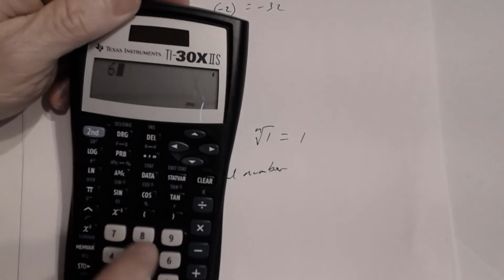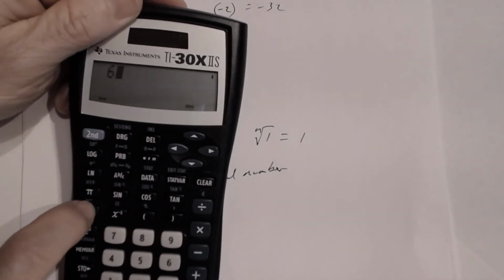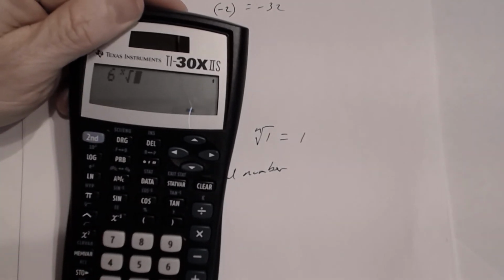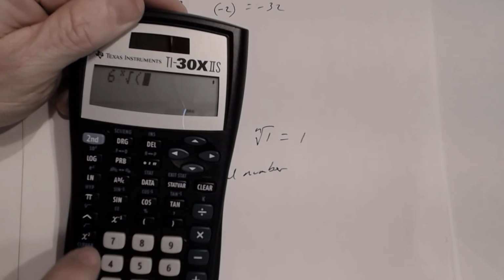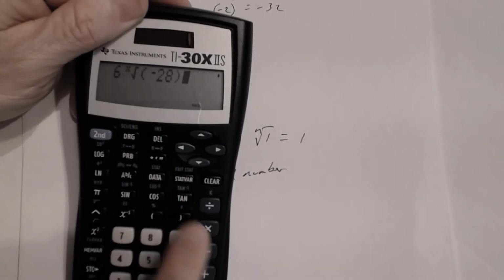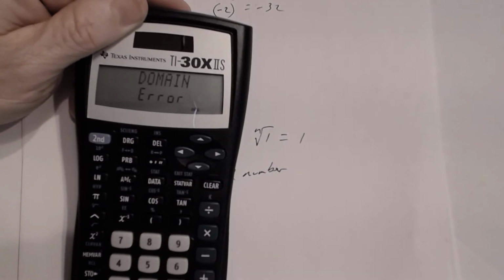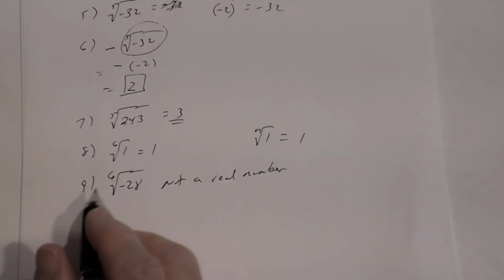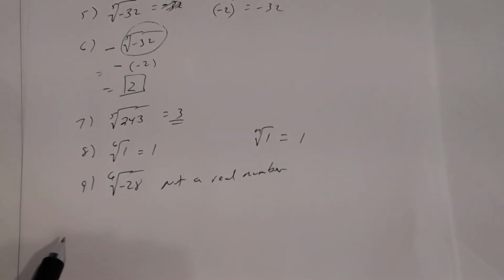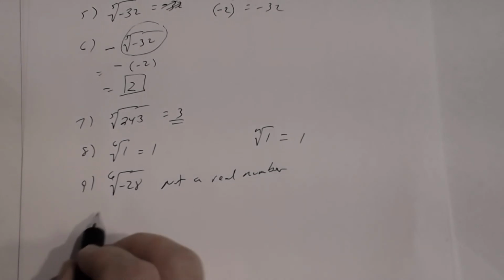So 6, then second, press this, and so that's 6th root right here. You need parentheses because that's a negative. So you're going to put parentheses, then negative 28, close the parentheses, and remember you're going to get that error. There's that error, okay? So it's not a real number. So remember, you cannot take the even root of a negative number.